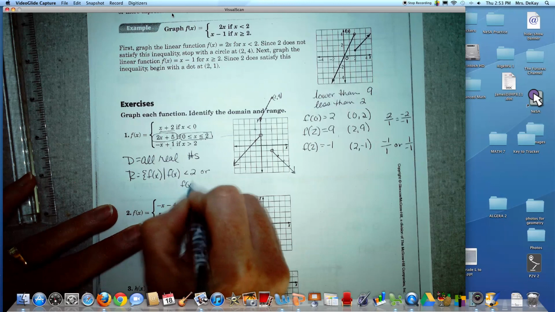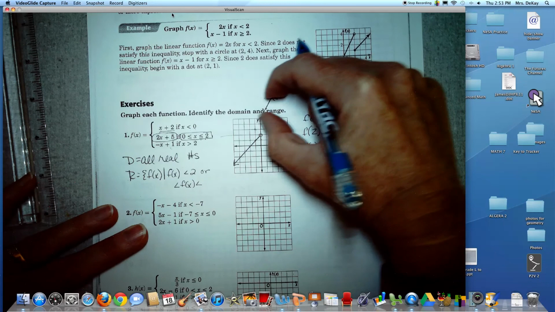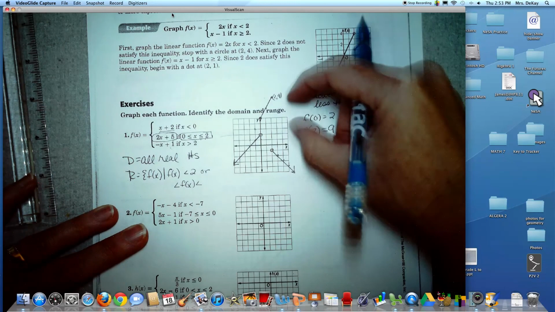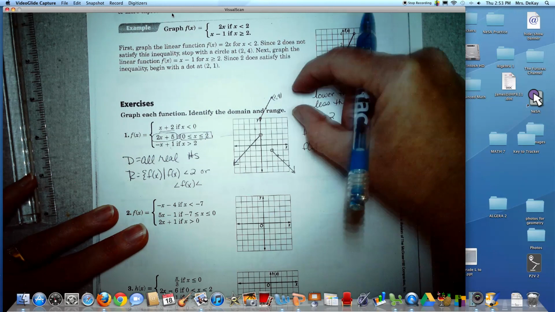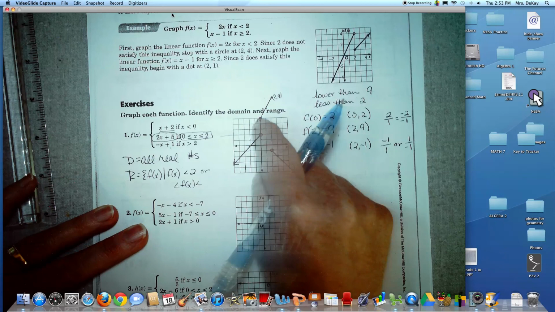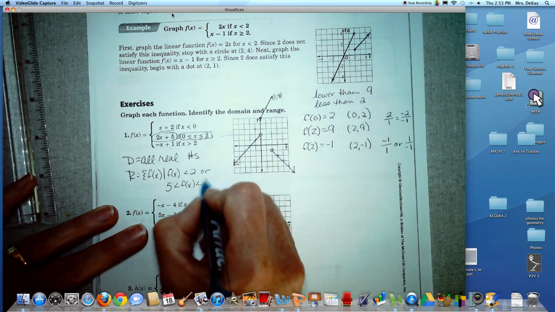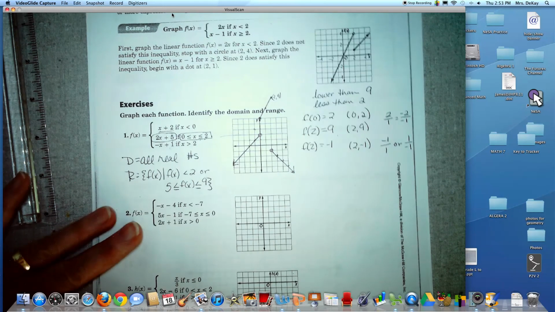Or that it's between here and here, right? That's the only place it exists. It exists lower than here or between here. Correct? So the lowest end of this is 5, and the upper end of this is 9, and it equals both of those, so that's where we sit.